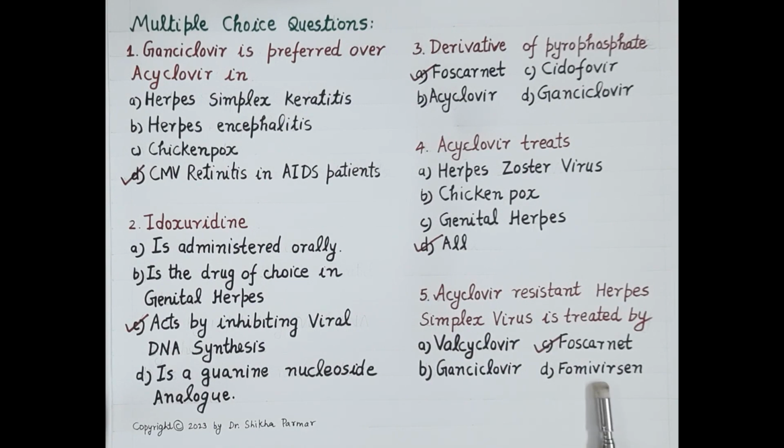Then Fomivirsen, no. Fomivirsen is used only for the treatment of cytomegalovirus retinitis. So the correct answer is Foscarnet. Foscarnet is used for the treatment of Acyclovir resistant herpes simplex virus infections.